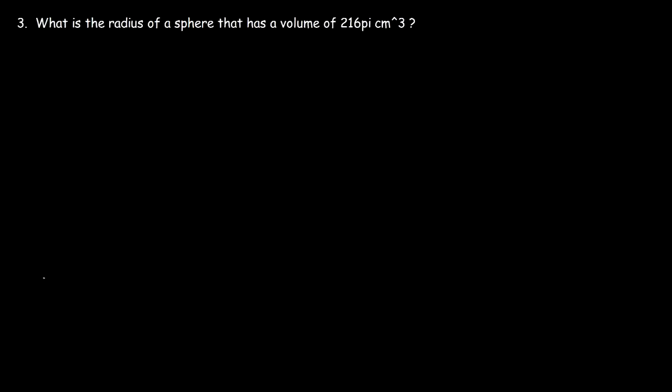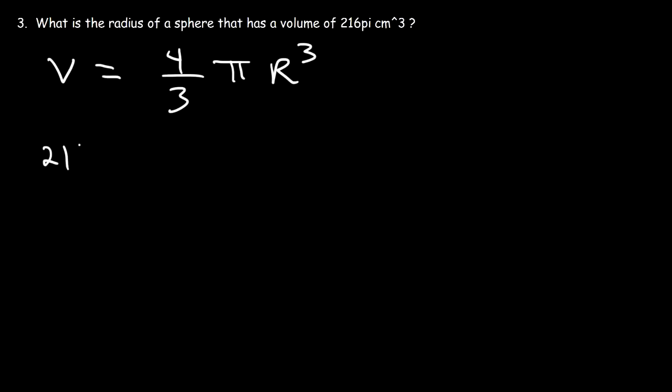Number 3, what is the radius of a sphere that has a volume of 216 pi cubic centimeters? So how can we find the radius given the volume of a sphere? Well, we need to write an equation that connects volume and the radius of the sphere. So it has to be this one. V is equal to 4/3 times pi times r cubed.